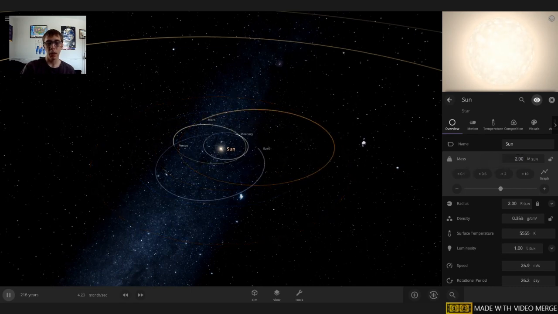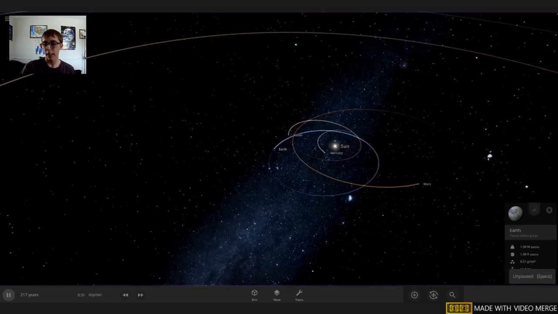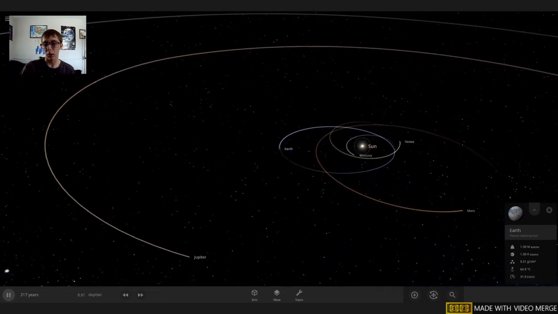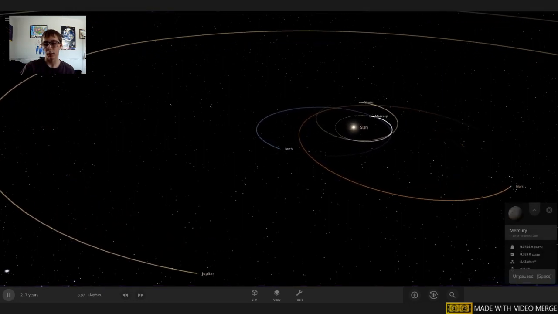Okay, immediately we get to see some incredible changes to the inner planets. We see all of the planets getting pretty wild orbits. Look at Mercury and Venus and their exotic orbits. Mars is actually colder than it originally was. Earth is warmer, Venus is cooler, and Mercury is relatively warm.